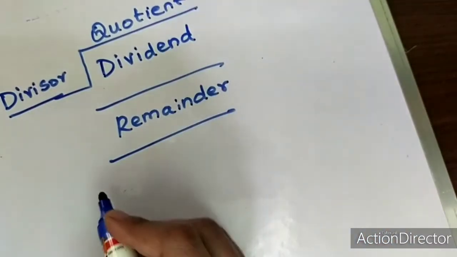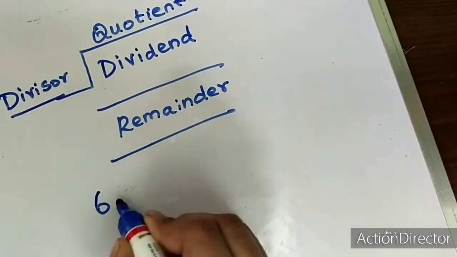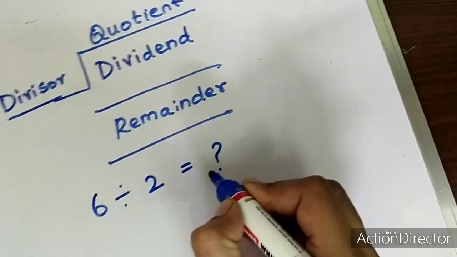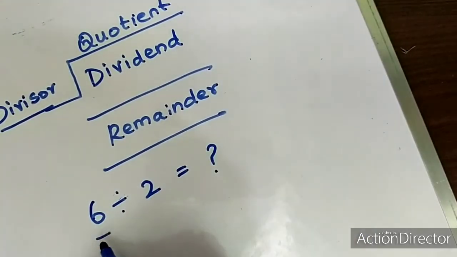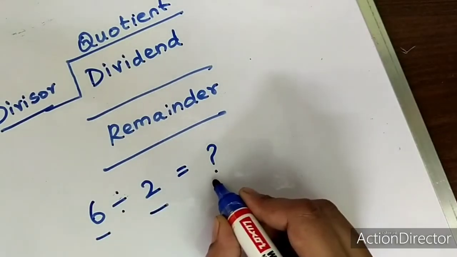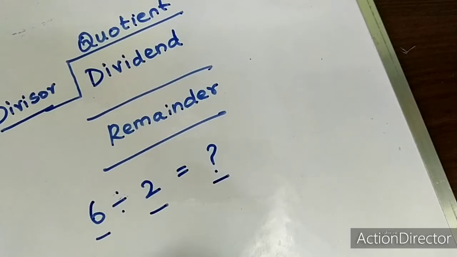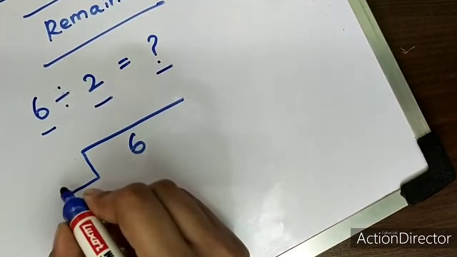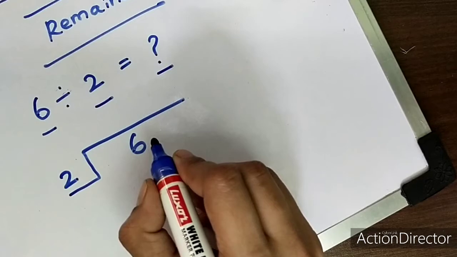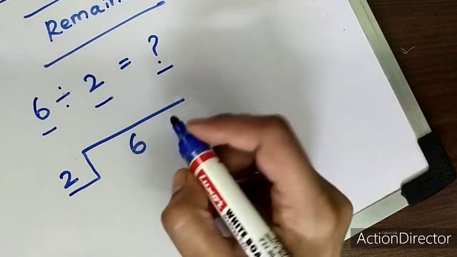Okay, suppose we divide 6 divided by 2. What will be the answer? This is the dividend, this is the divisor, and this is the quotient. So how will you divide? The dividend will come here and the divisor will come here, and we are going to find the quotient and remainder.